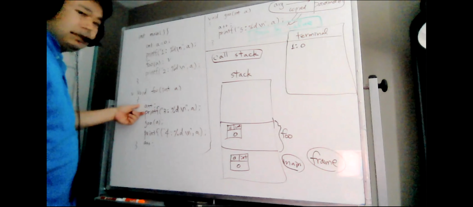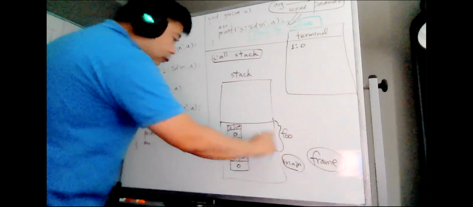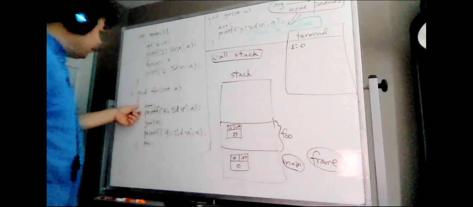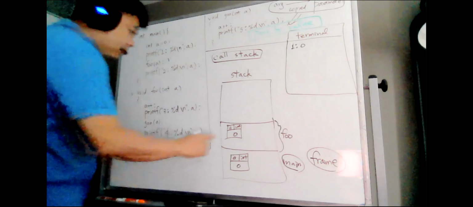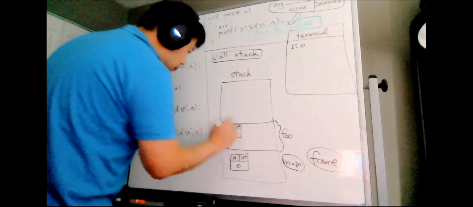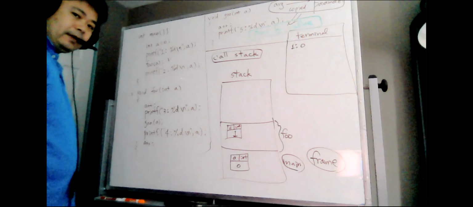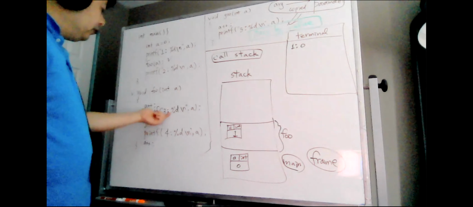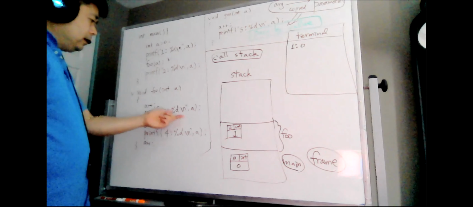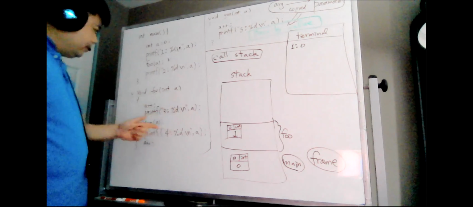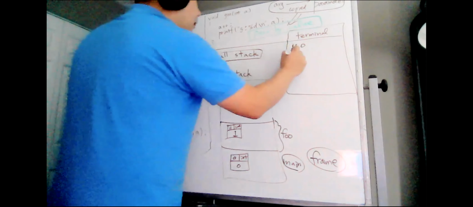This A++ means the input parameter in the stack frame for foo. So this A is changed. Make sense? And then you print out this one. This A is also this A. So that means 3 is printed out, and then A is 1.